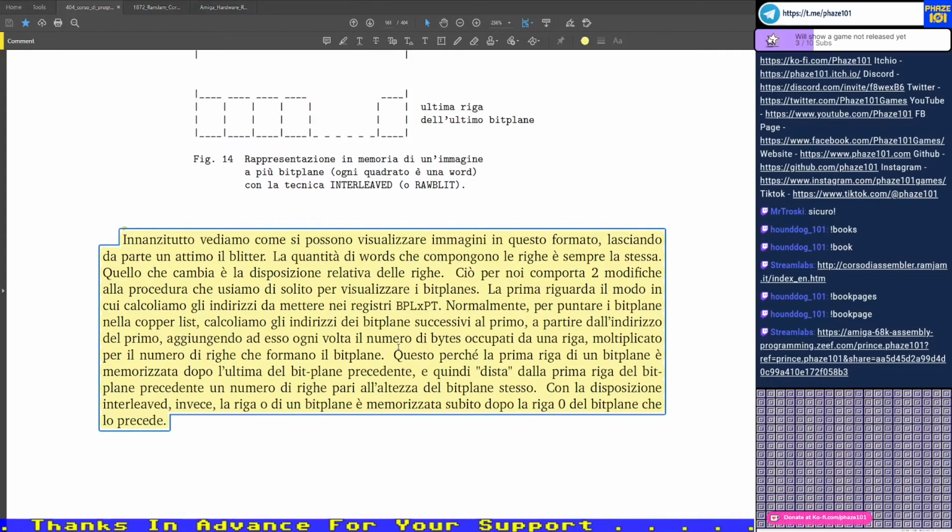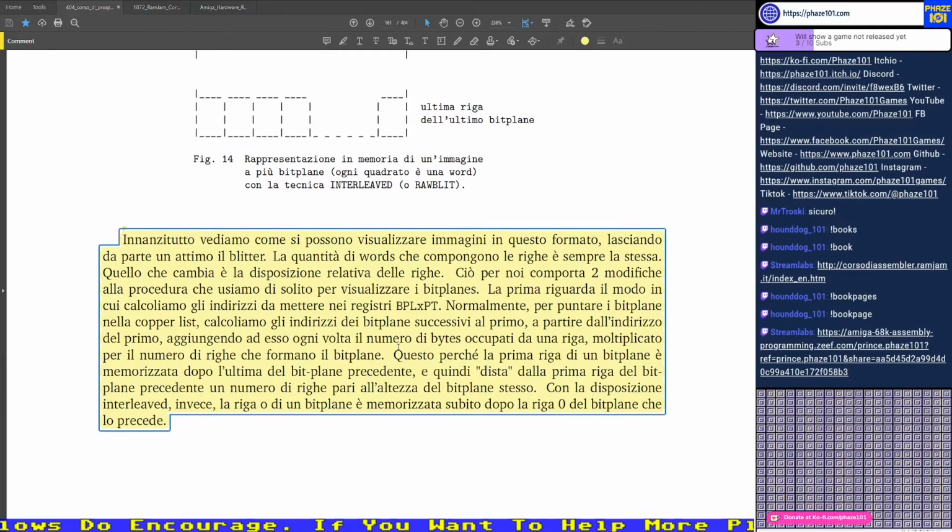The first one is the way we calculate bit plane addresses, because remember before we were saying that the next bit plane, bit plane 2, starts after bit plane 1, so the offset to it from the base address of bit plane 1 is the size of a bit plane. In this case, it is the size of a line, given that we have 2 bit planes. I will correct myself in a minute, because it's not exactly correct what I said.